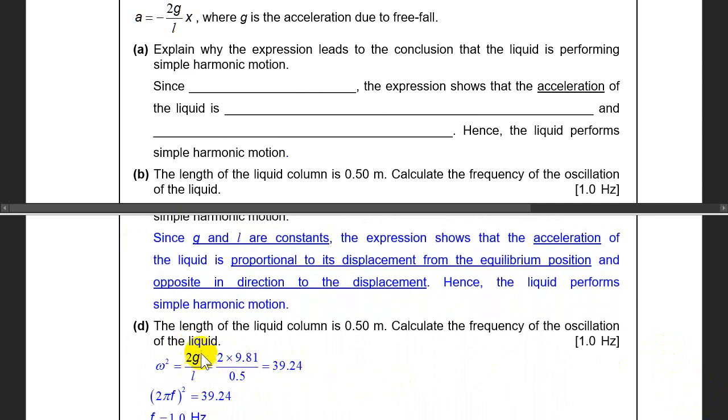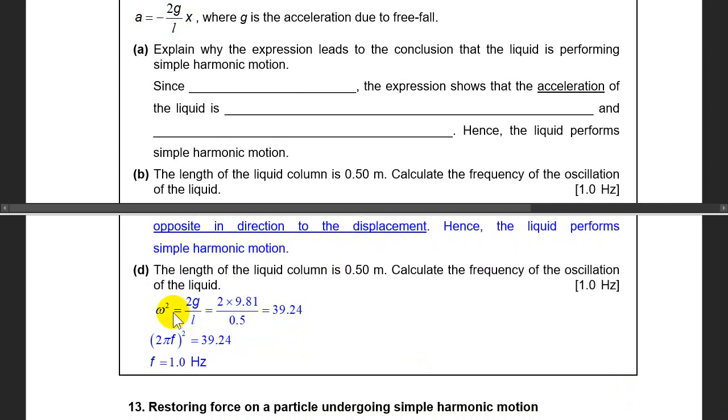From here we can find omega square, and we know that omega is 2 pi f. You can refer to the summary of all the simple harmonic motion formulas. This is one of them. In fact, it's a very similar formula to circular motion, where you also have omega equals 2 pi f. Then from here we work out the frequency. It will give you 1.0 hertz.